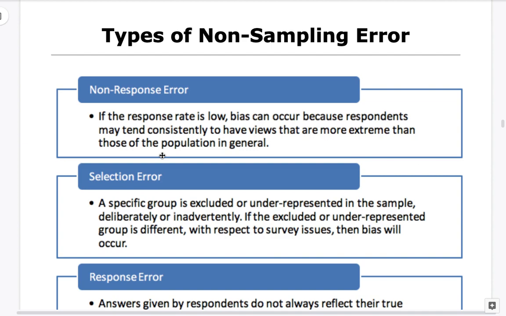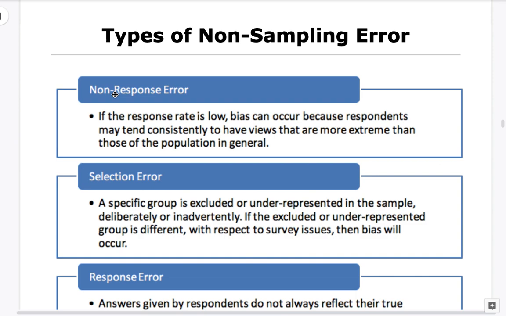Let's have a look at different types of non-sampling error. These are anything that's to do with the sample itself and this way of collecting the data. So for example, non-response error. This is where, if you've only got a response rate of 5%, that means we've got information about 5% of the people we're interested in, but we don't have any information about 95% of them.